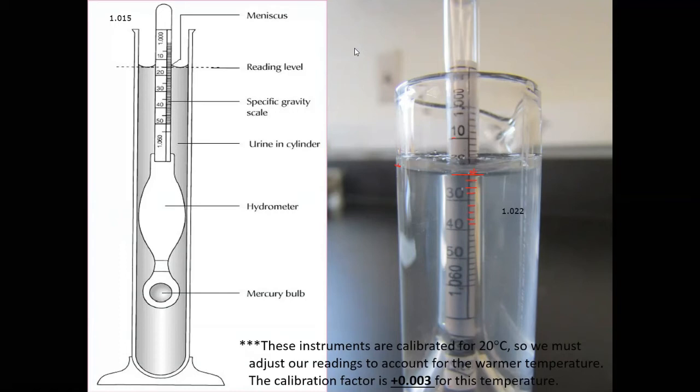All right, so I will give you the example. Okay, so 1.015 is the raw specific gravity, but to adjust this value for the temperature, we need to add 0.003, so 1.01, and we add 3 to 5, so that would be 8. So 1.018 is the true adjusted specific gravity for this particular sample.